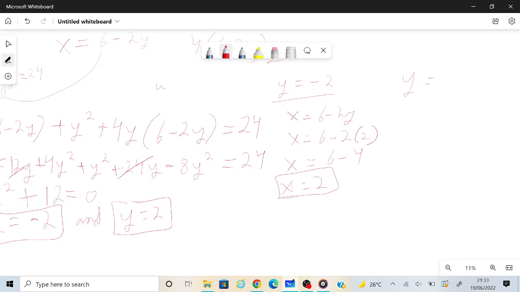That's fine. We can just say that was when y is 2. Now we can say that when y is minus 2, x is equal to 6 minus 2 into minus 2. This is x is equal to 6 plus 4, because minus 2 times minus 2 is 4, minuses make a positive, and x is equal to 10.